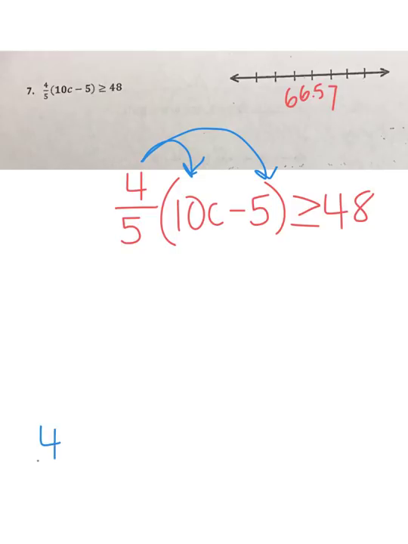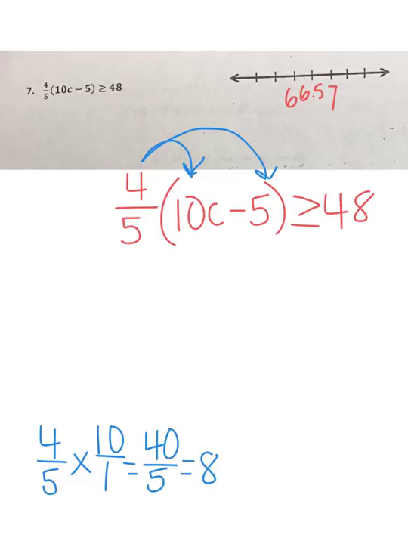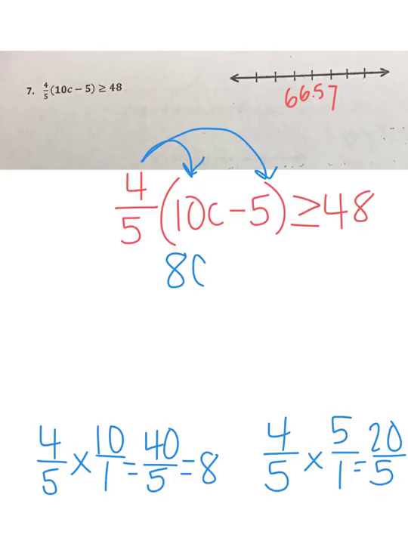So we have 4/5 times 10 over 1 gets us 40 over 5, which is 8. So up here we're left with 8c, and then we have 4/5 times 5 over 1, which is 20 over 5, which we're left with 4. And then bring down our greater than or equal to 48 sign.